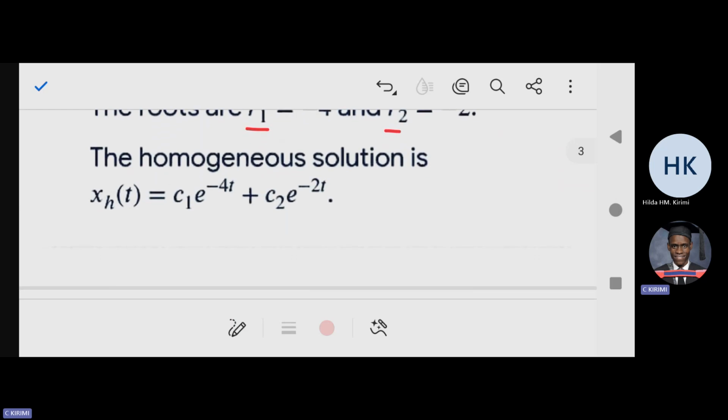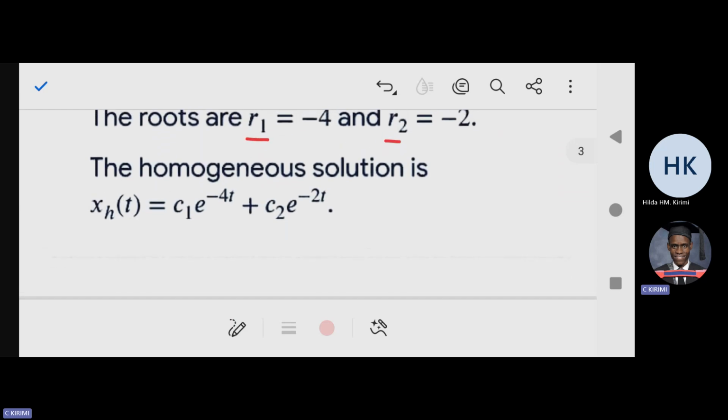It is a basic that if you want to solve that homogeneous equation, our equation was x general, which means just x of t, which is the homogeneous equation with an h. We are not yet at the general, because general we said we're going to add the homogeneous plus the particular solution. So for now, we are looking for the homogeneous part.